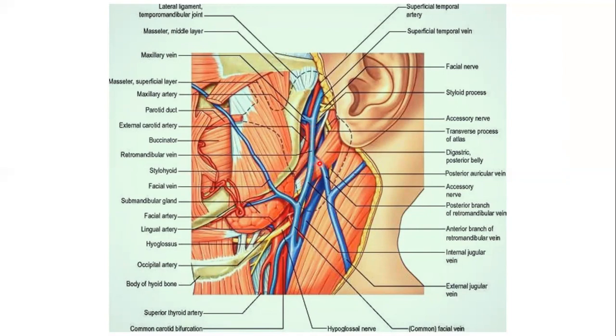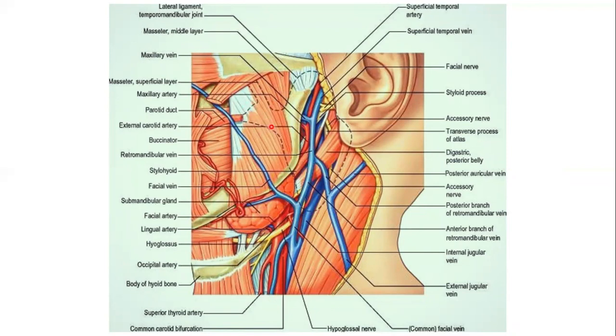It has an anterior and a posterior vein. This is the anterior vein, and this is the posterior vein of the retromandibular vein. And they also emerge at this apex of the parotid gland. So these are some important aspects of the apex, and this base lies here close to this our zygomatic arch. That is the point.